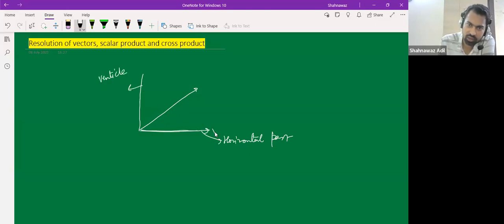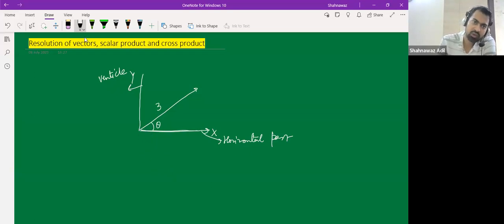This is the x-axis, this is the y-axis. Let's say the vector magnitude is 3, and the angle with the horizontal is theta.